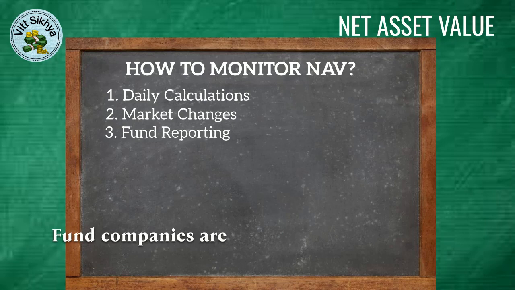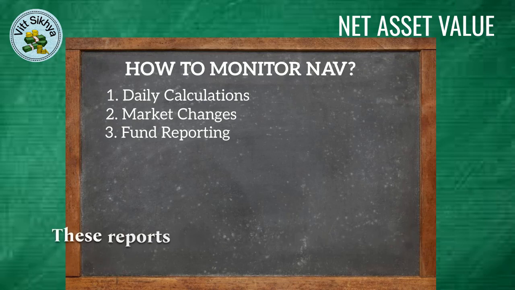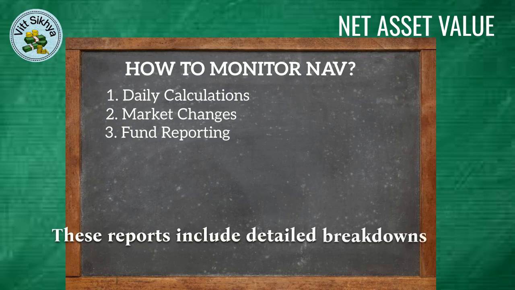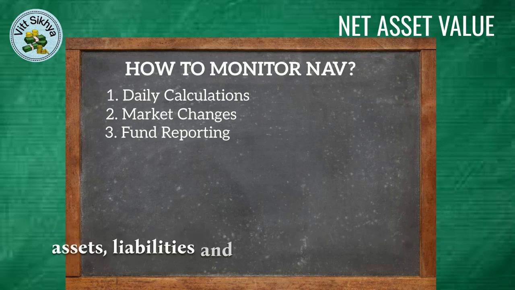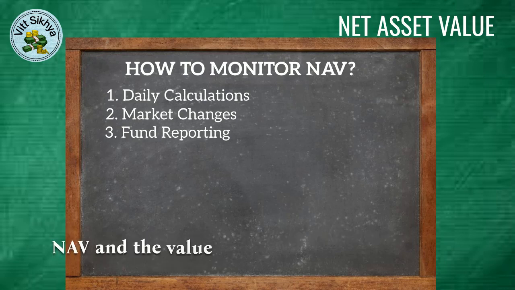Fund companies are required to publish NAV regularly. These reports include detailed breakdowns of the fund's assets, liabilities, and the NAV per share. Shareholders receive regular statements showing changes in NAV and the value of their holdings.